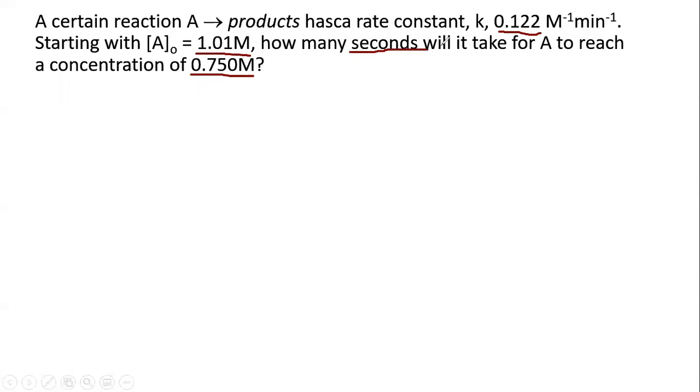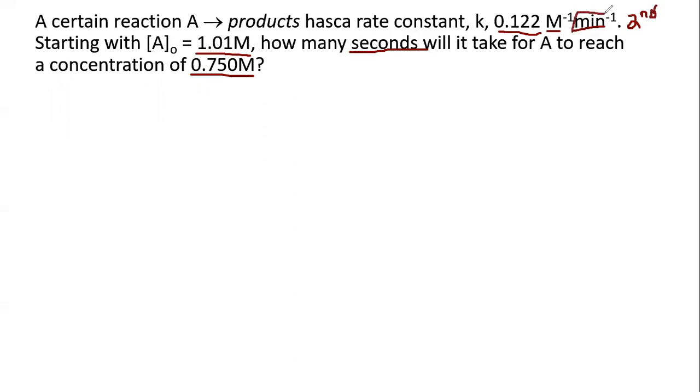take. Now if we look at the rate constant, it's in molarity inverse minute inverse. So if it's in molarity inverse minute inverse, this means it's a second order reaction. And notice that the time unit is in minutes.